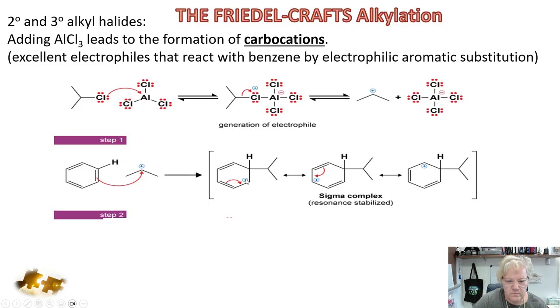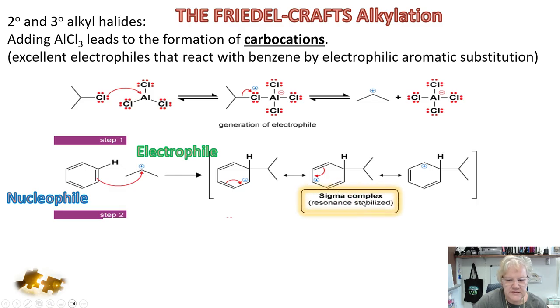We still have a resonance stabilized carbocation here. We had our nucleophile still interacting with our electrophile, and we have our resonance stabilized sigma complex. So lots of terminology that you're learning through this. This is also, if you haven't caught it by now, our rate limiting slow step.